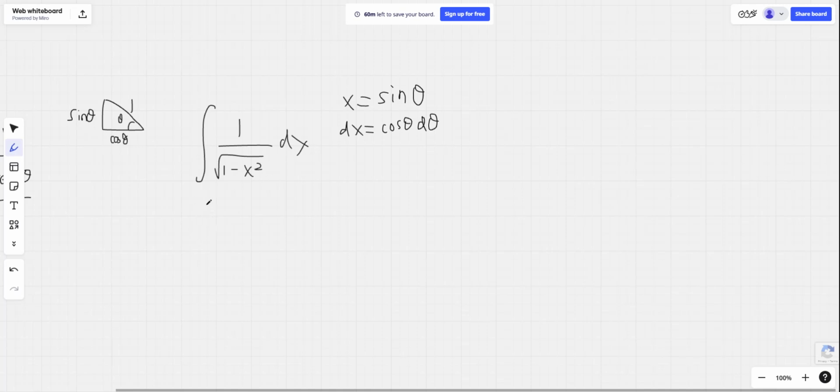So the dx becomes cosine of theta d theta. And the denominator becomes 1 minus sine theta squared. Now, what is 1 minus sine theta squared? Well, by that identity from previously, it's just cosine squared theta.